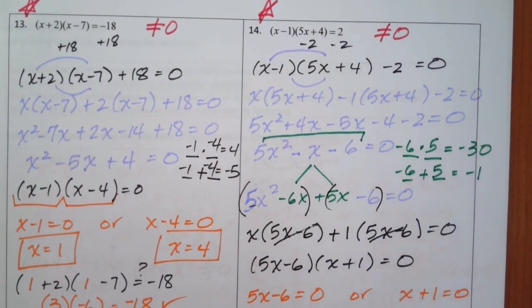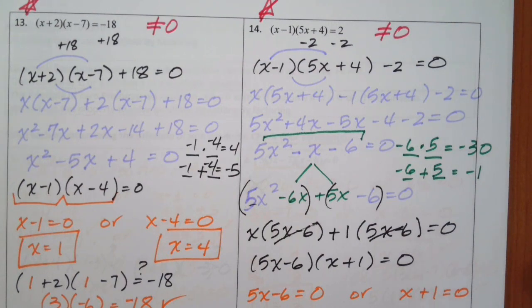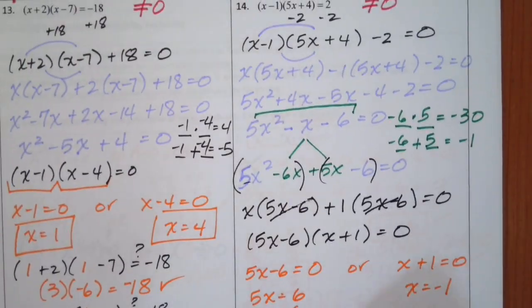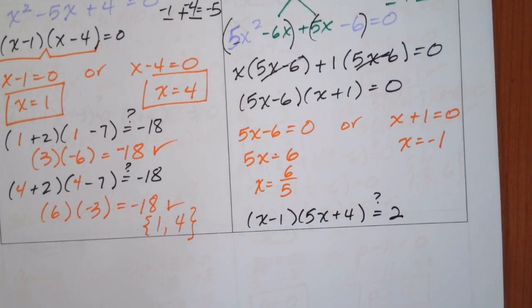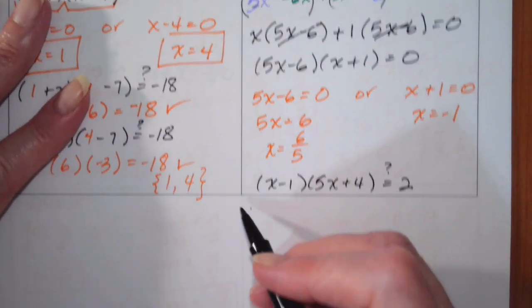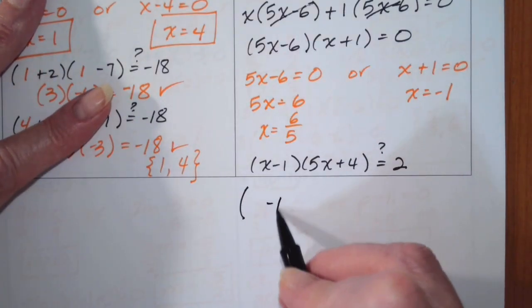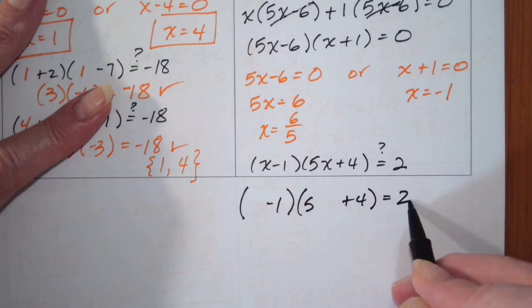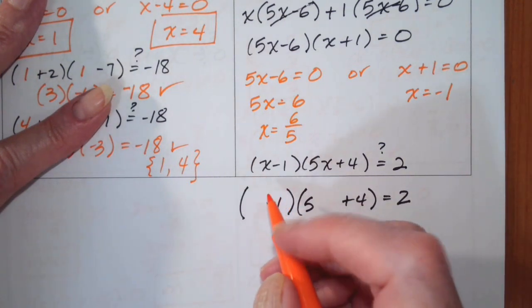And checking this one, I'm not gonna lie. Well, it actually won't be bad. Okay, so let's check. I'm gonna leave myself plenty of room down here. I'm checking it back into the original equation. x minus 1 times 5x plus 4, and I want to know if that's equal to 2. Okay, so let's try the 6/5 first.